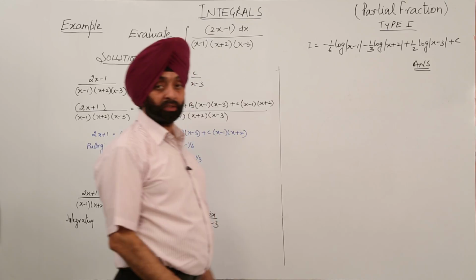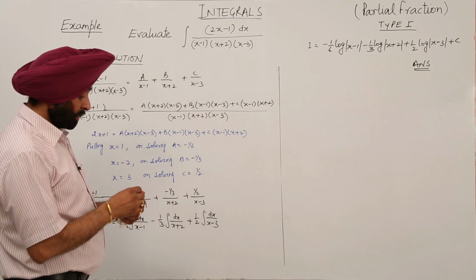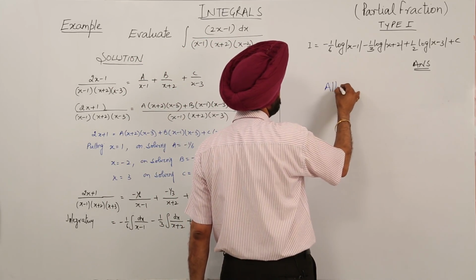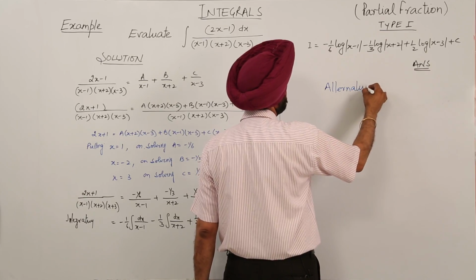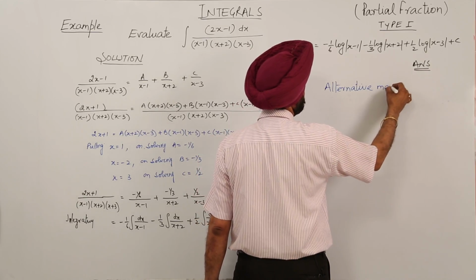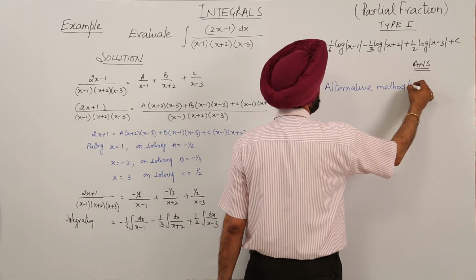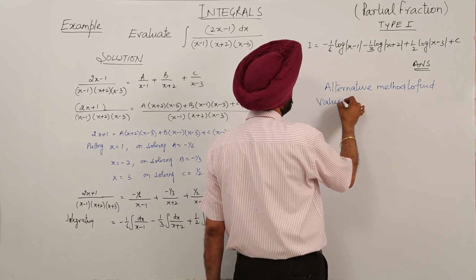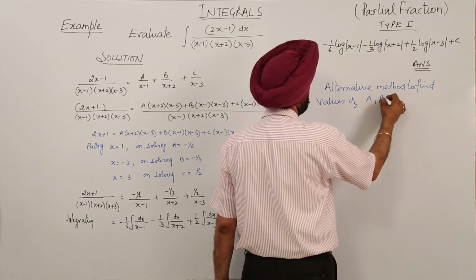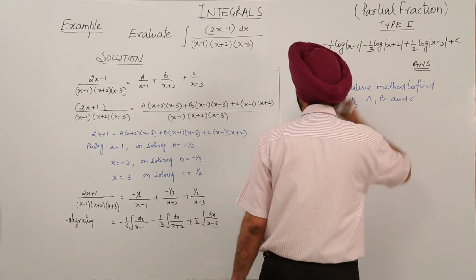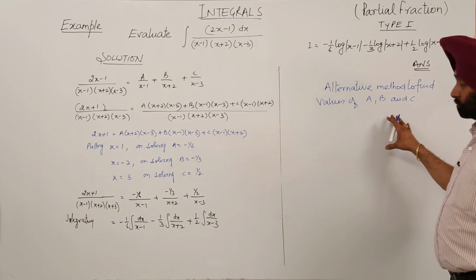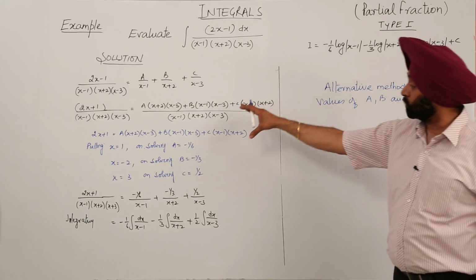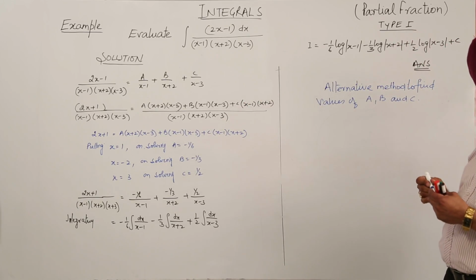Now after this we are having one alternative method also, an alternative method to find the values of A, B and C. In some books you will be getting this type of terms also, but in some questions we have to apply both the things, this and the alternative method, to get the answers.